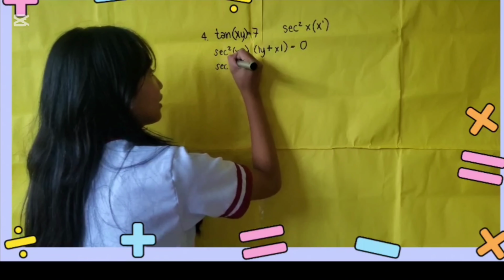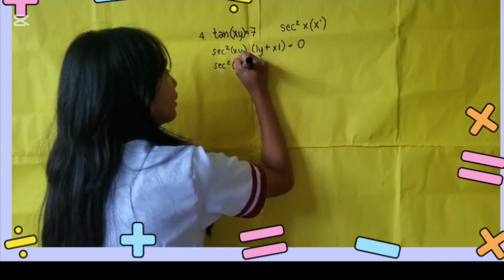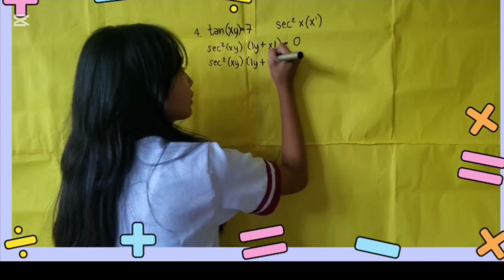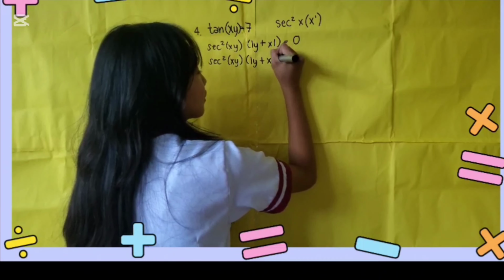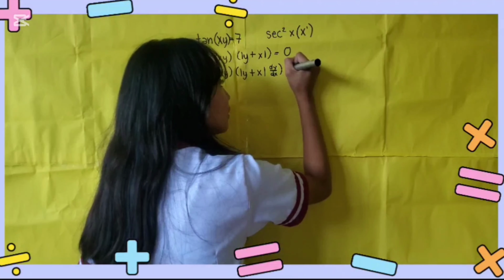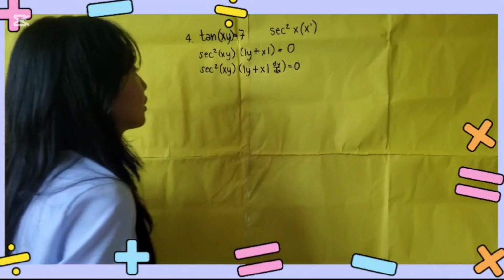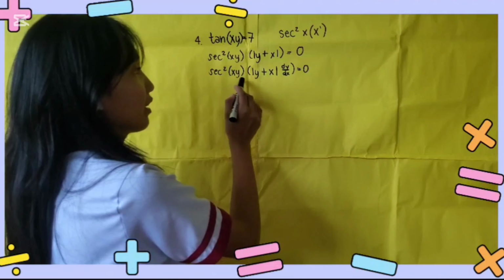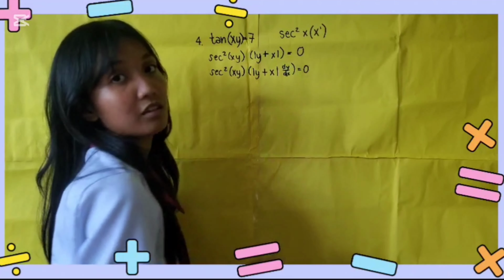That would be secant squared xy times 1y plus x times dy over dx is equal to 0.